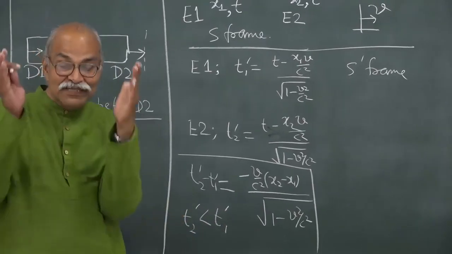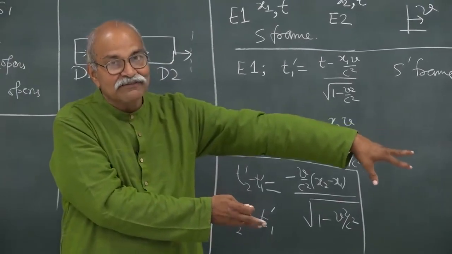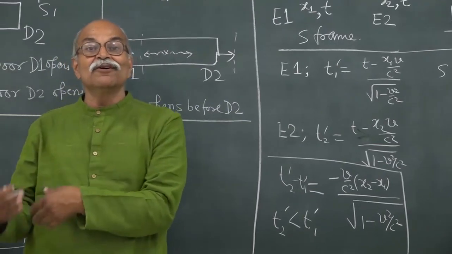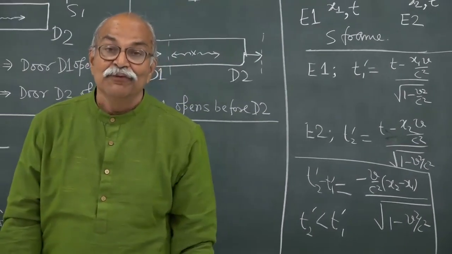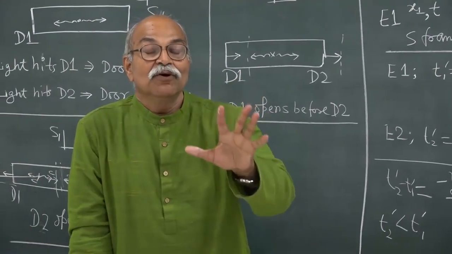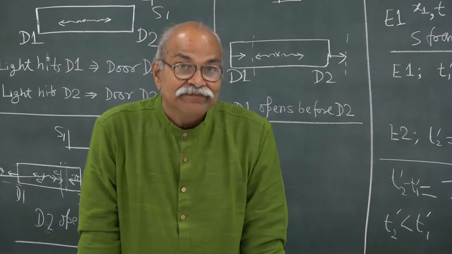So in some frame it is simultaneous, in some frame this event occurs before that event, and in the other frame it is opposite. So ordering of events may not be same in all frames. That is the relativity of simultaneity.